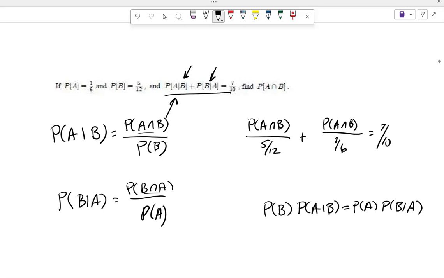Here my given is B, here my given is A. So I flip-flop things. We're going to talk about Bayes' theorem in a couple of sections. Basically, Bayes' theorem talks about something along the lines of how accurate a test is for a given disease. But maybe that disease is very rare, so you're not very likely to have it to start with.